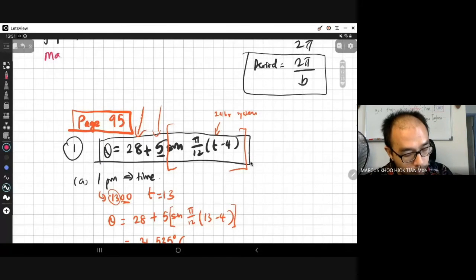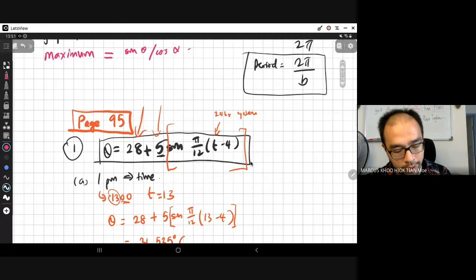So maximum means sine theta or cos theta equals 1. Minimum means either sine theta or cos theta equals -1.